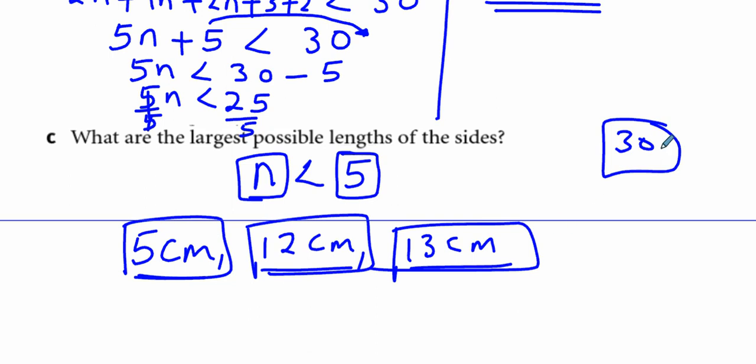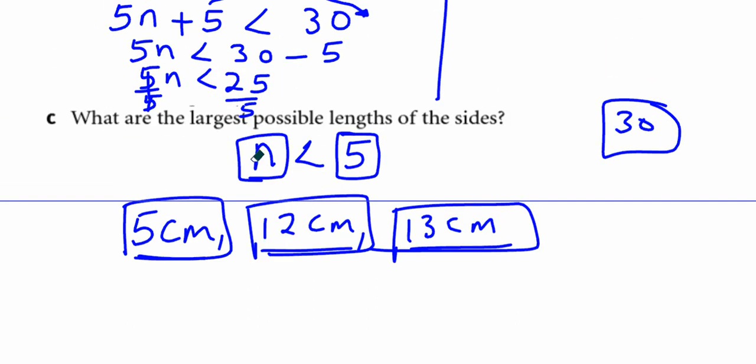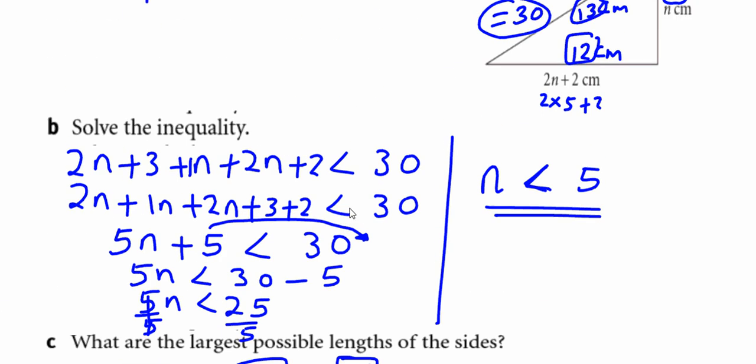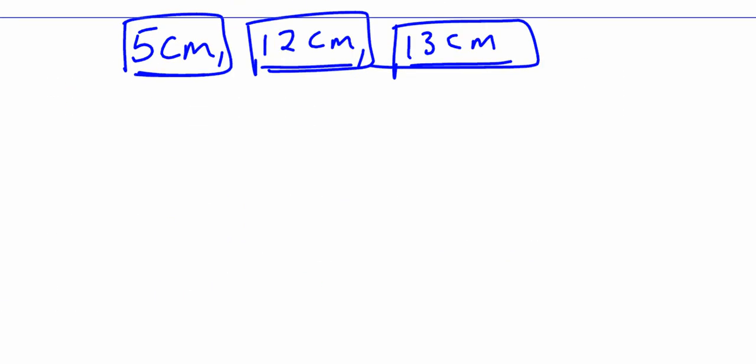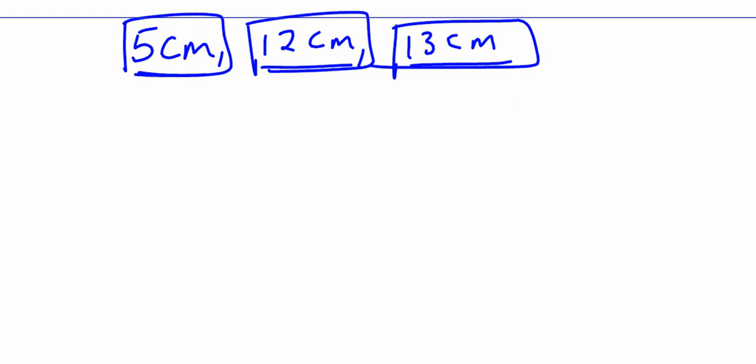You are getting something equal to 30. So these are the largest possible lengths of the sides. In case anything is not clear, you can drop me a comment so that I can come back to you and explain. Otherwise, we are done. Then let's go and check some more questions.